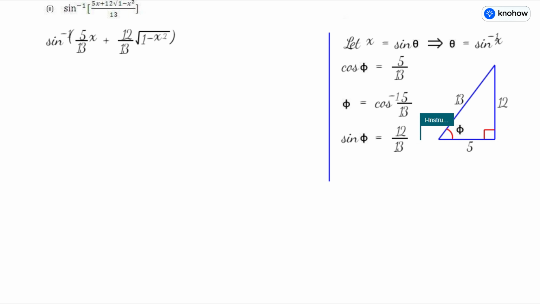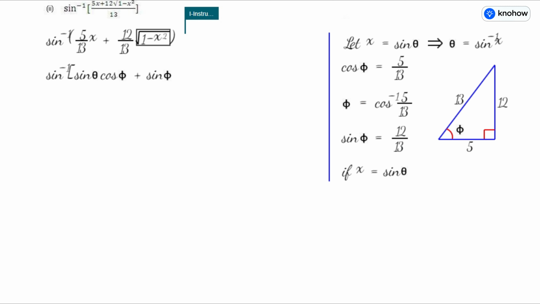And now you come back to the expression. It is sine inverse of x, I write sine theta, 5 by 13 is cos phi, plus 12 by 13 is sine phi. And what about under root 1 minus sine square theta? Because if you replace x by sine theta, under root 1 minus x square will be under root 1 minus sine square theta. So 1 minus sine square theta is cos square theta, so it will be under the root cos square theta.